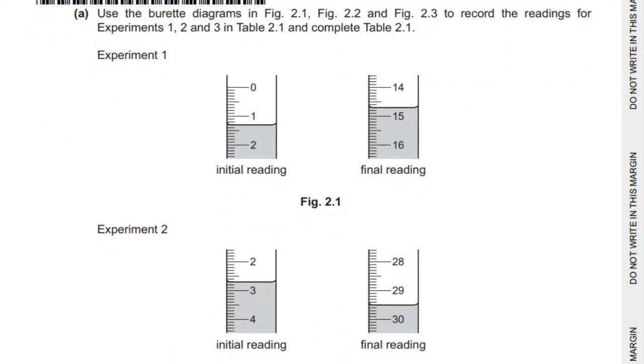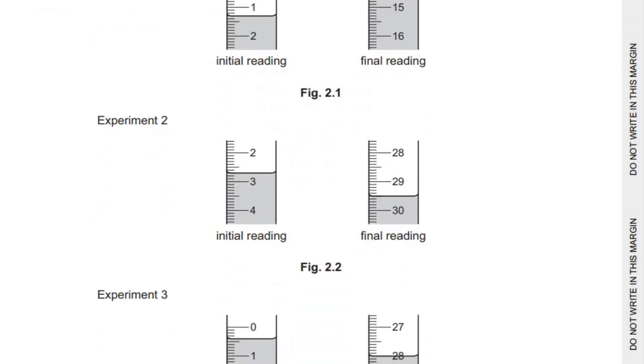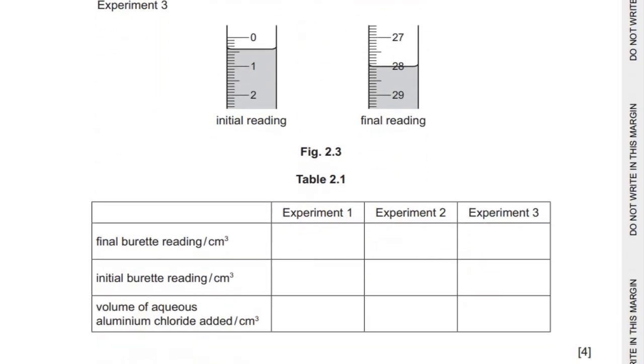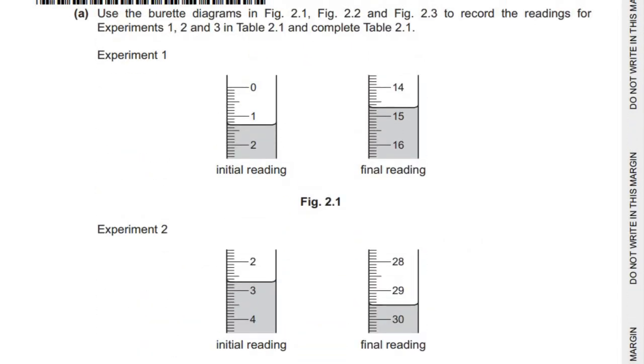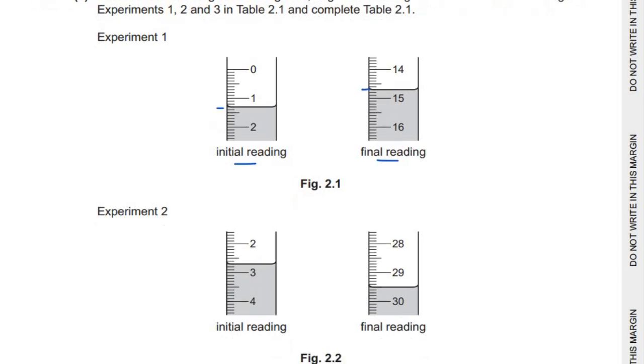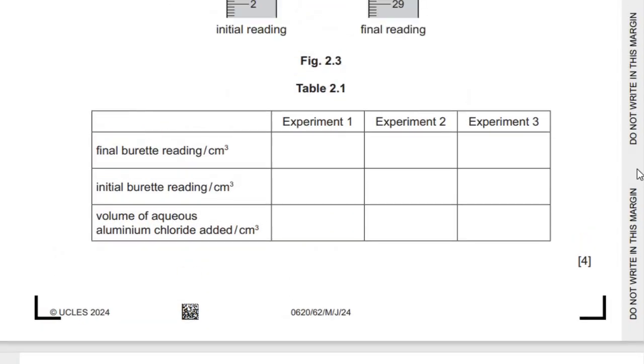Okay, here are the diagrams for experiments 1, 2 and 3 given for the burette readings. It says experiment 1 final reading and initial reading. So let's have a look at experiment 1. What is the final reading and initial reading? Initial reading is, we can see, 1.3 and final reading is 14.7. So initial reading is 1.30 and 14.7.